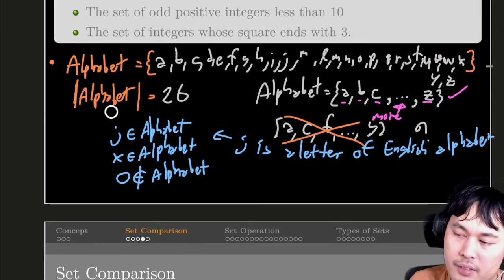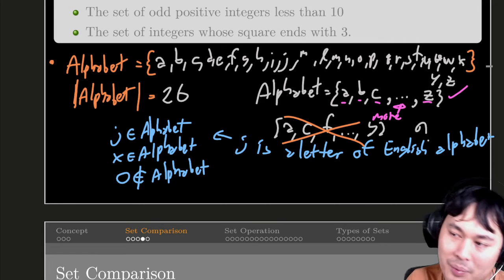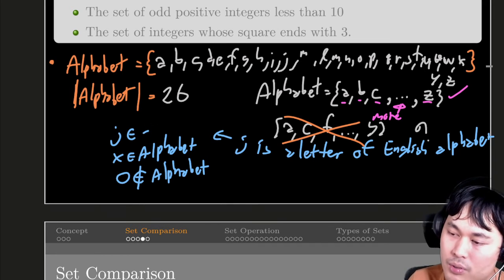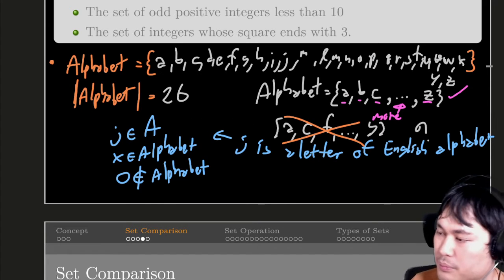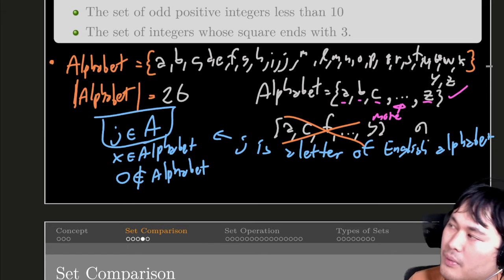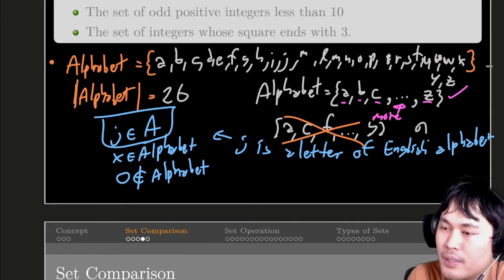You can see this one is a lot shorter. It could even be shorter if you use just a single letter to represent the name of the set. That's mostly the main application of the set.